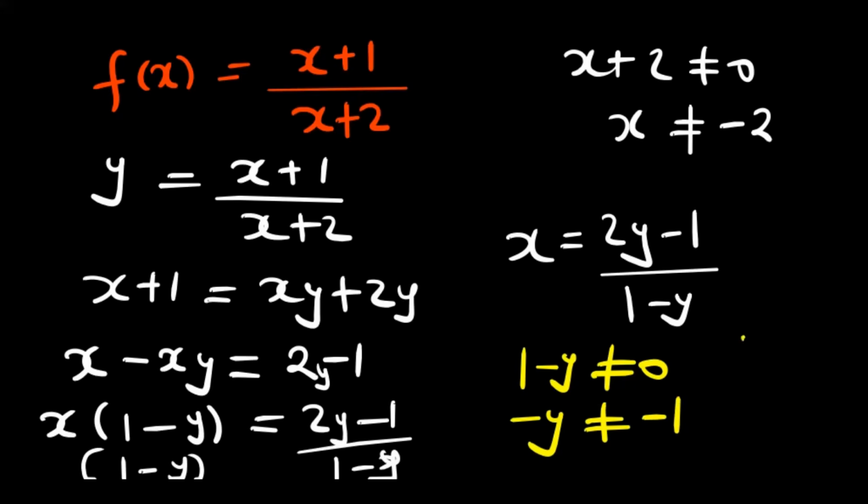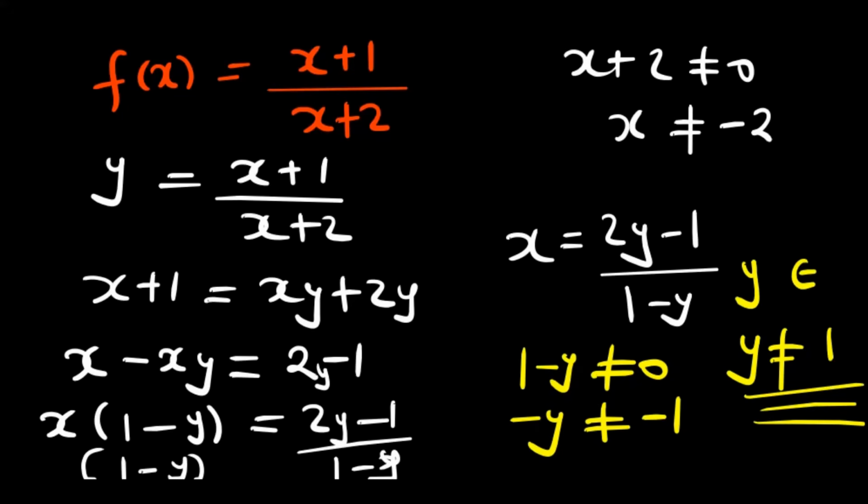Therefore y should not be equal to 1. We want all the values of y, but we just don't want 1. So y is a member of real numbers, but y should not be equal to 1. That is the range.